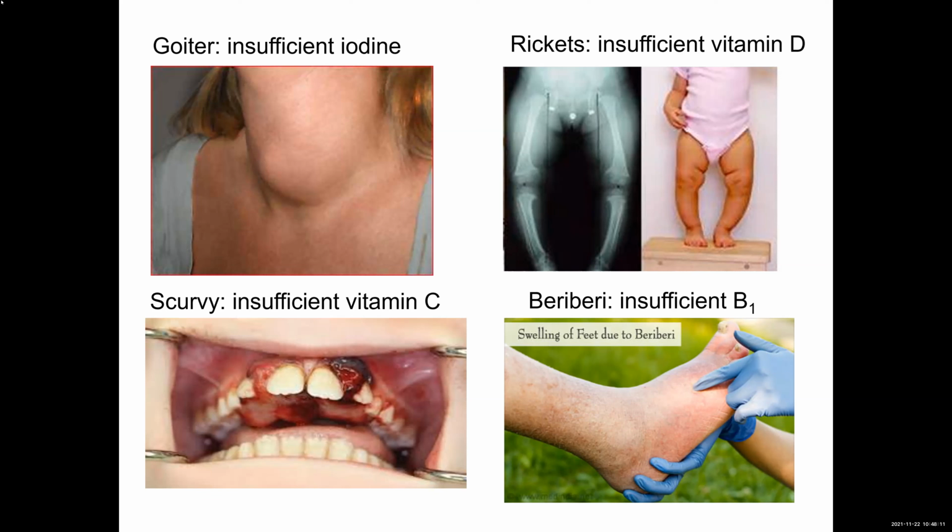And in the United States, we have had, again, public policies where we have fortified or added vitamins to different foods that people are likely to eat. So we have it added to milk, we have it added to other products that people are likely to be consuming, especially as children, to try and prevent this.